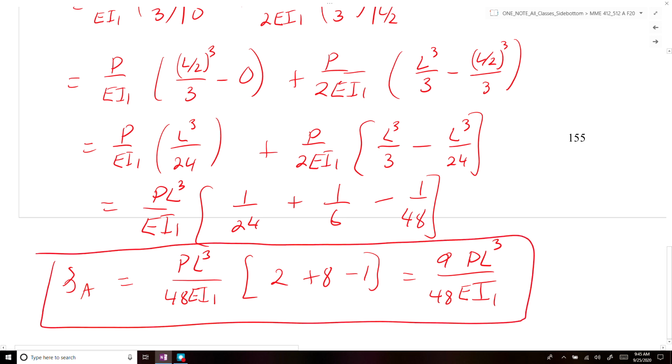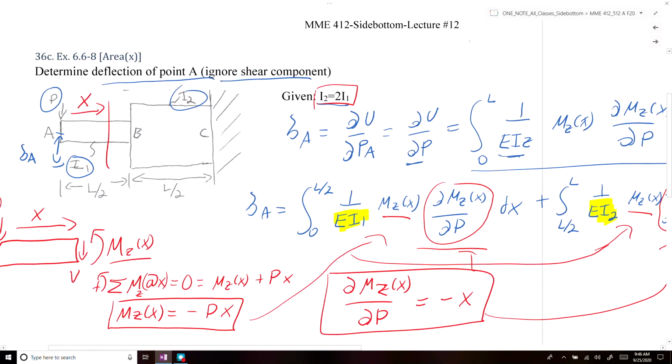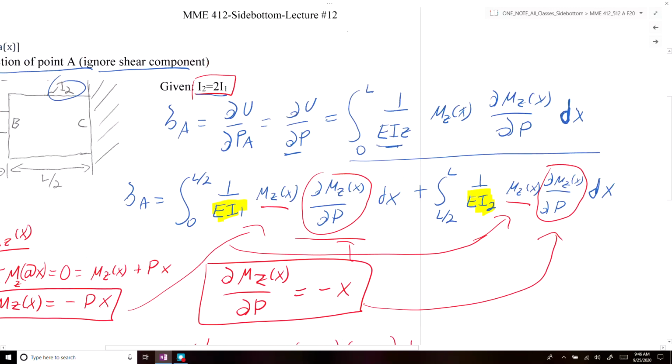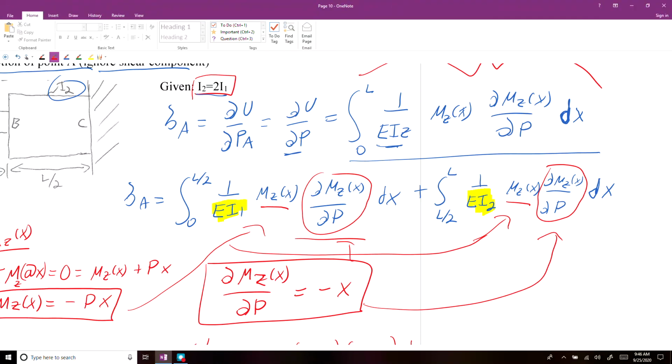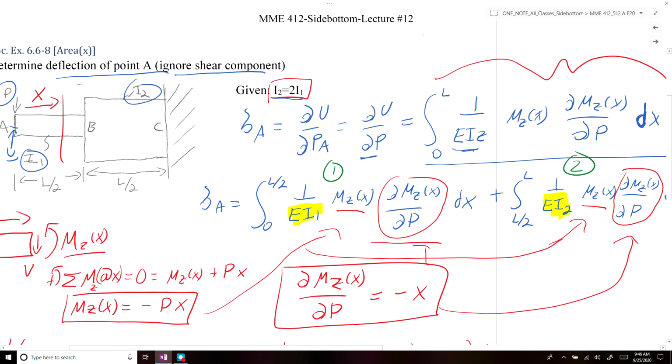Alright, so just to recap what we did, we needed to evaluate this integral on the right hand side here. In order to evaluate that integral, we had to first split it into two separate integrals, integral 1 and integral 2, because of the change in the cross-sectional area, I1 and I2.